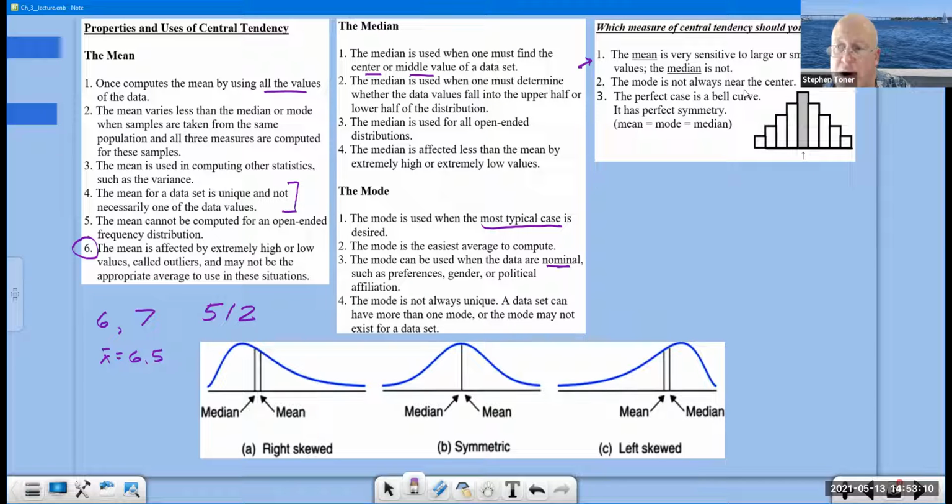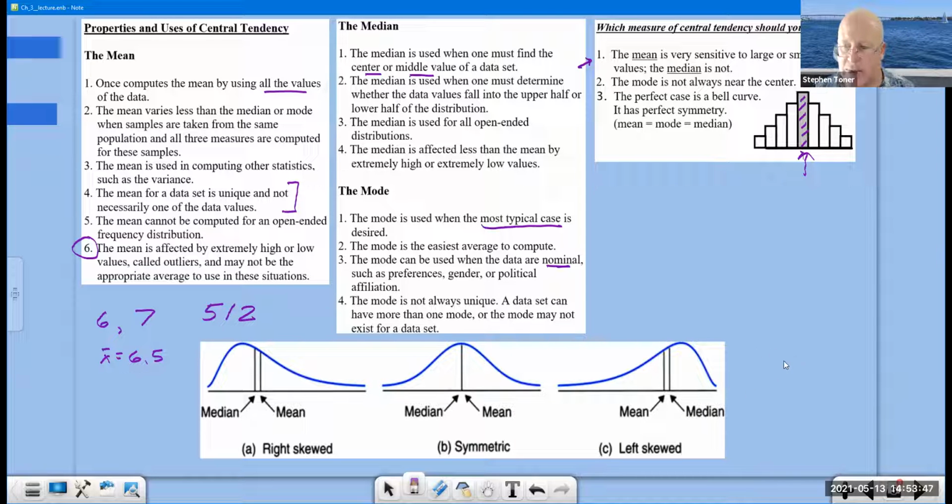It is true that the mode is not always near the center, but in this perfect case scenario, when you've got this bell curve or this symmetric distribution, this center bar that I have highlighted is special because it's the mean. You can tell by the symmetry that the highs and the lows are going to cancel each other out. It's the mode because you can tell it's the tallest bar, and it's the middle value also, the median of that data set. So all three are one and the same when you've got this perfectly shaped distribution.